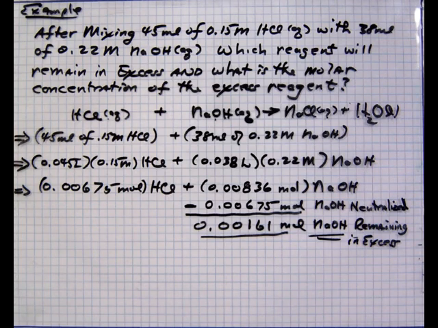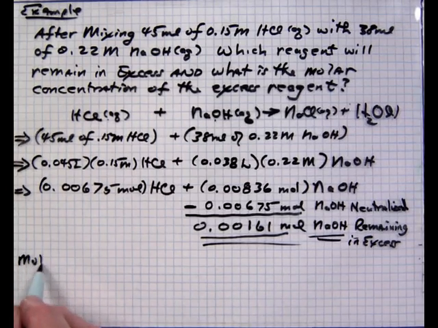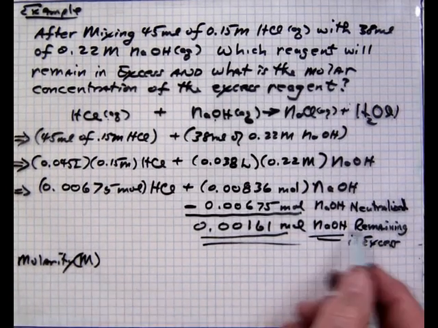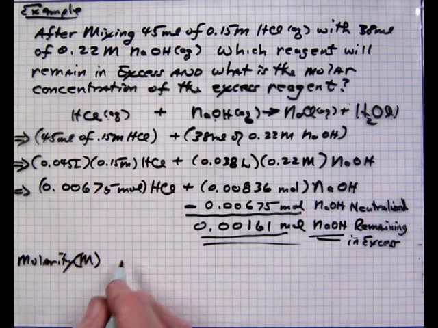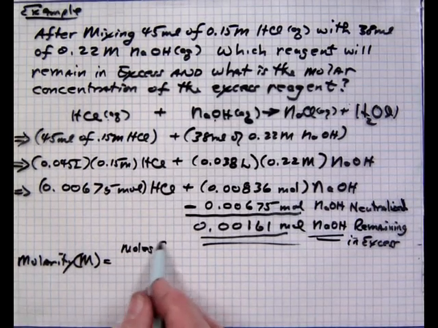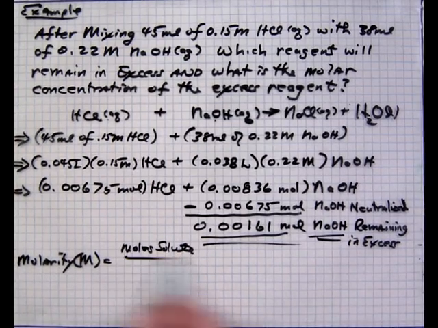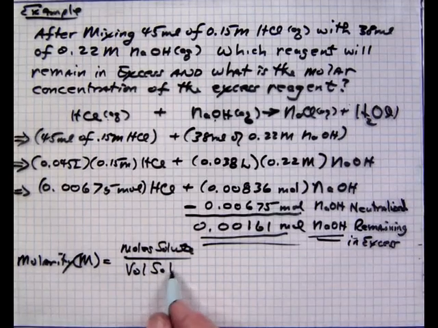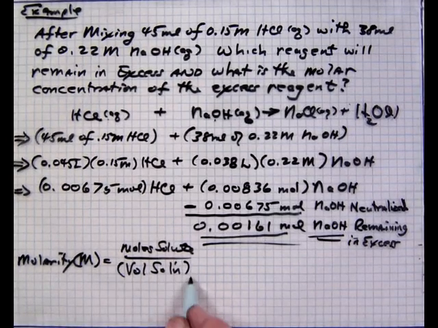To get molarity, or convert this to molarity, you apply the definition of molarity. And so molarity of the NaOH solution now is defined as moles of solute divided by volume of solution expressed in liters.